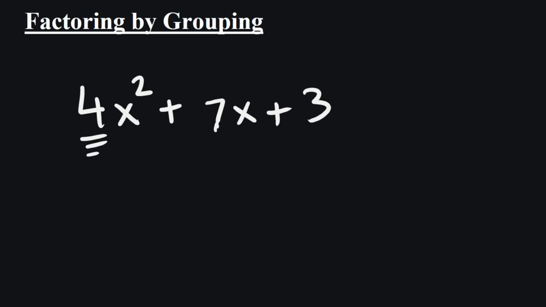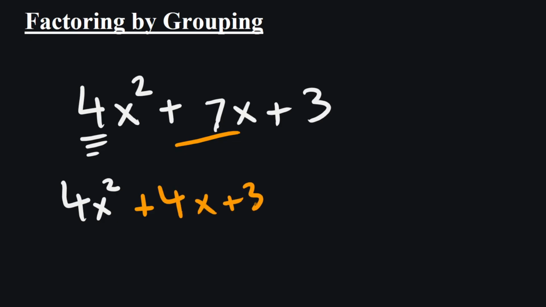But if we rewrite this entire polynomial as 4x squared, and then instead of plus 7x, we write plus 4x plus 3x, because 4x plus 3x is just 7x, and then we write the remaining part, plus 3.